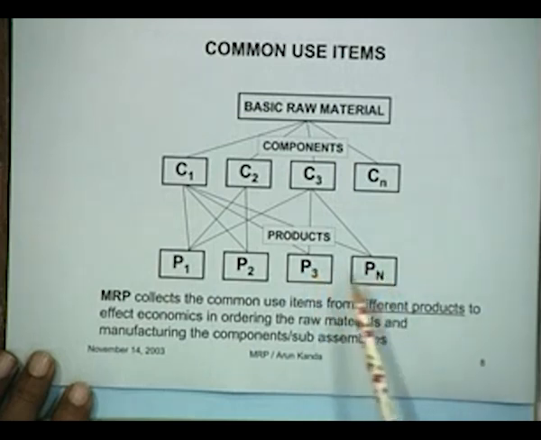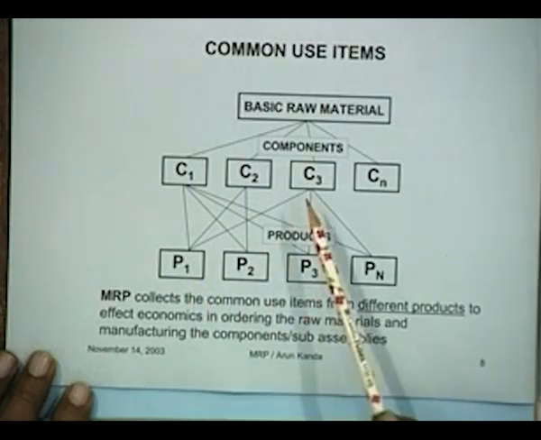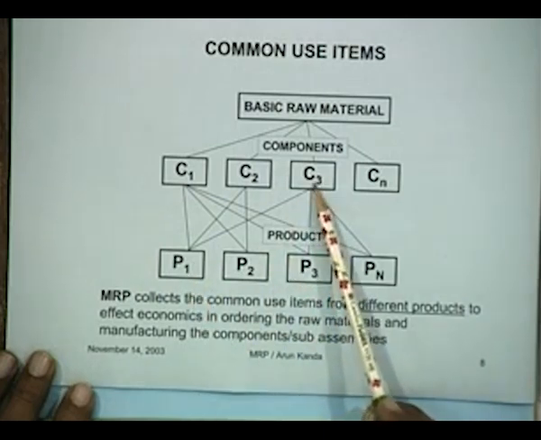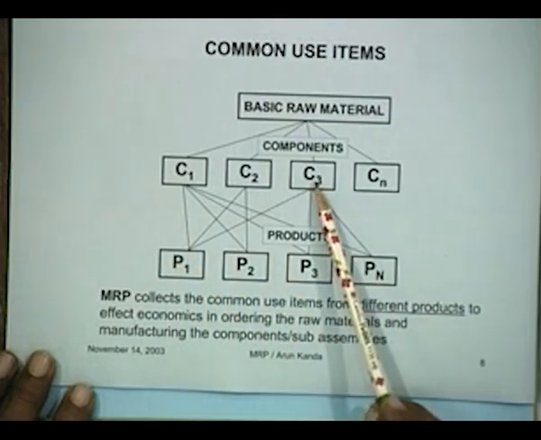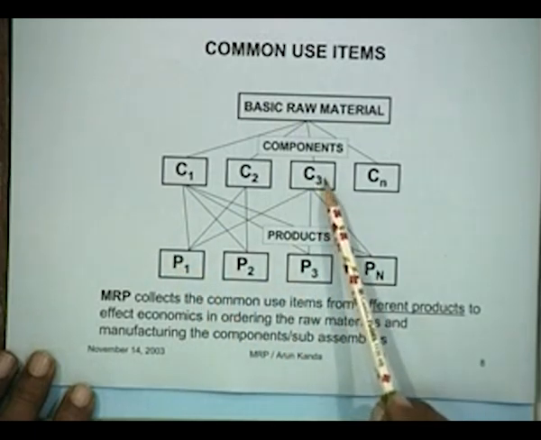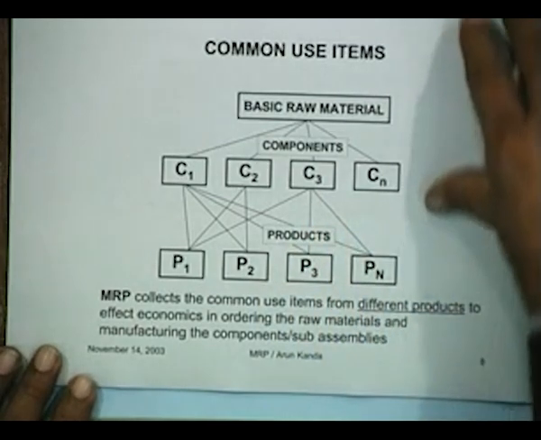So depending upon your requirements for these three products, you will have contributions to the component C3 from all these particular requirements, so that when you are either placing an order for purchase or manufacture of this component, all this will in fact be shown in this particular scheme of things.